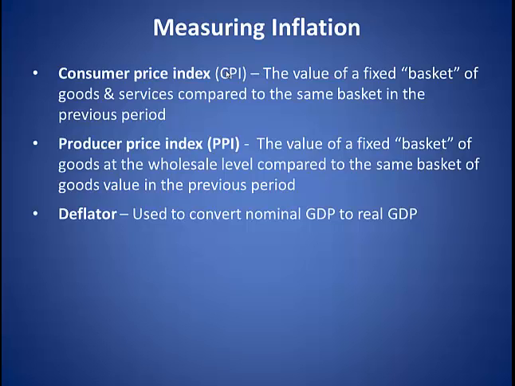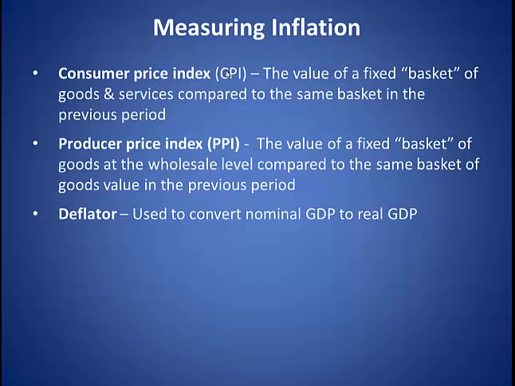So the nominal GDP for the current year is 4% higher simply due to inflation. That would not be considered growth, because it was only an increase due to inflation.